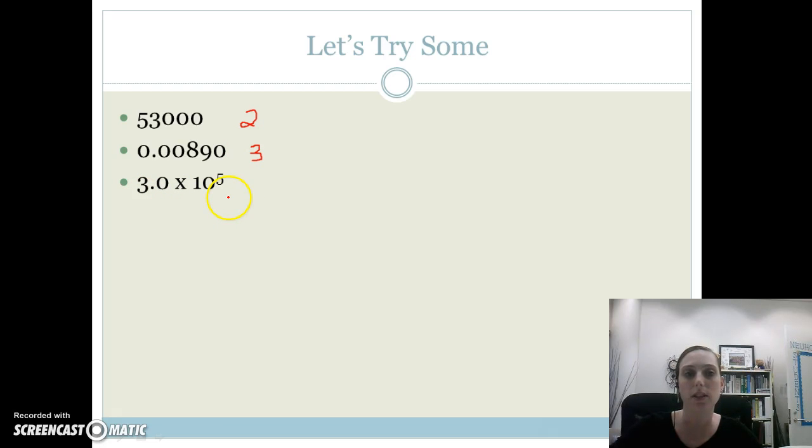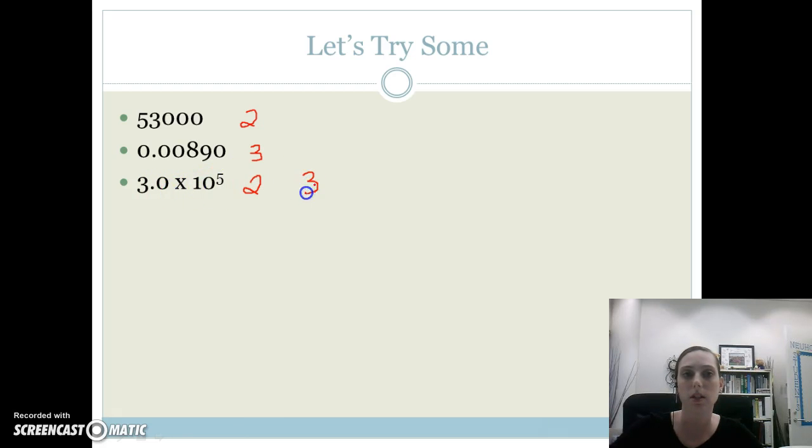Okay, now if you see scientific notation, always keep in mind that scientific notation is written that way for a reason. It's written 3.0 because that is in significant figure notation. So this one's going to have 2 sig figs. Now if we expanded that out, that means we would have several zeros.